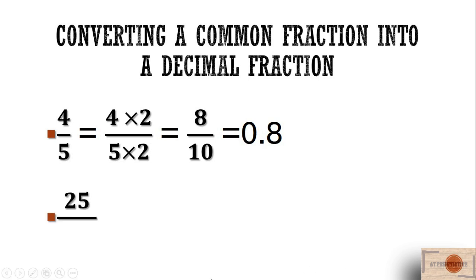Next example, 25 upon 200. Here the denominator is 200 and 200 is not a multiple of 10.